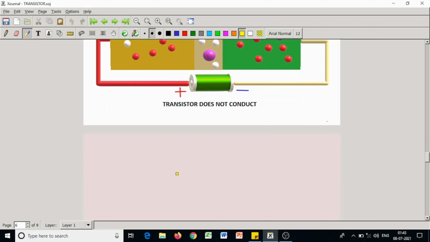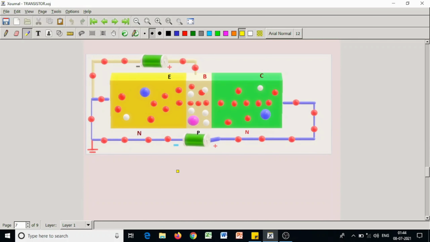To have current, let us connect a second battery between base and emitter, in such a way that the base emitter junction is forward biased.